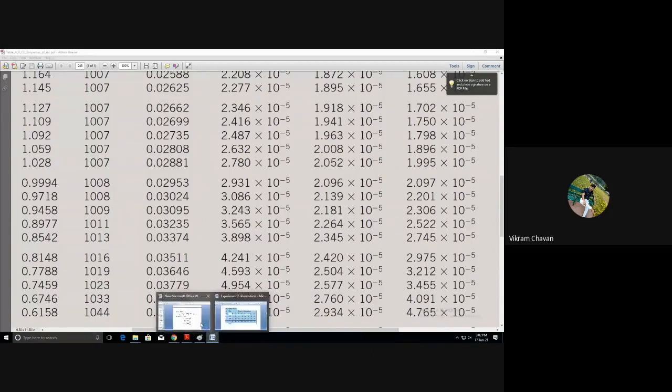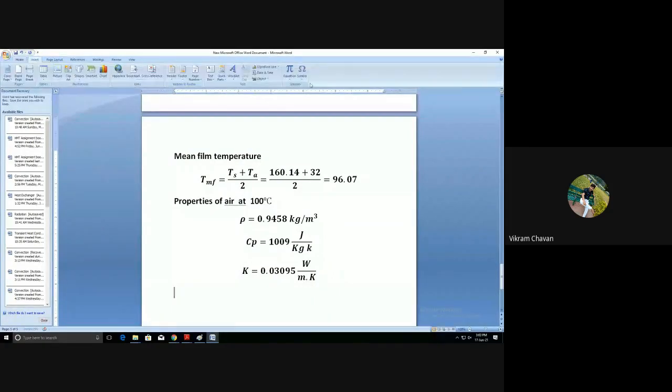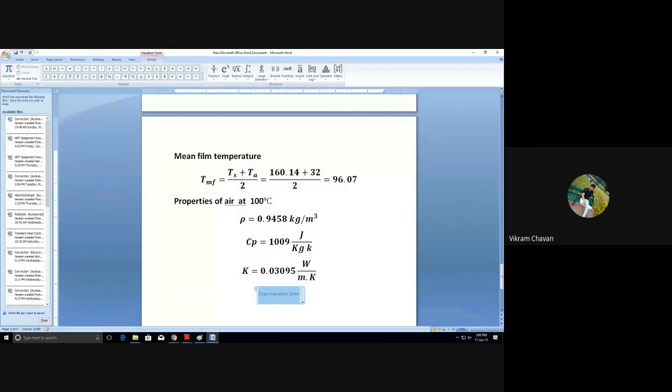So mu is equal to 3.243 into 10 to the power minus 5.